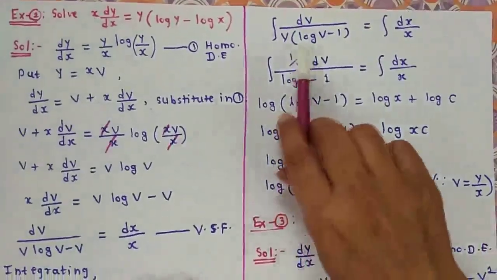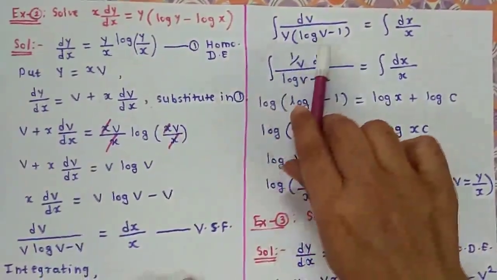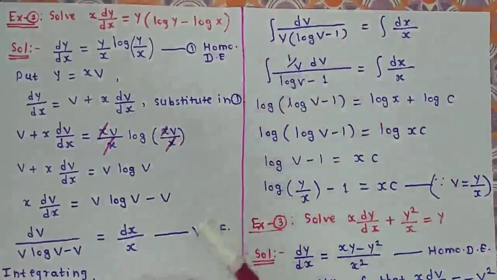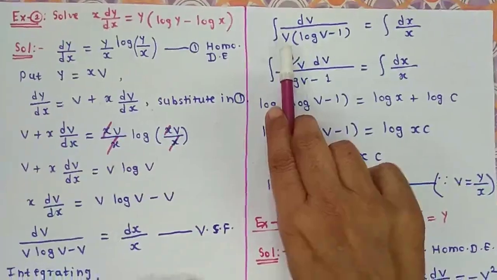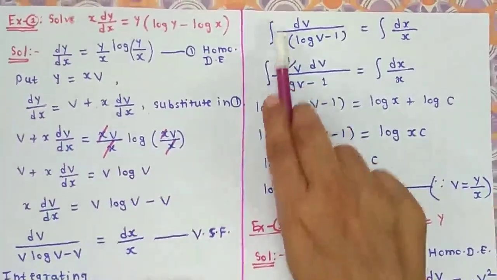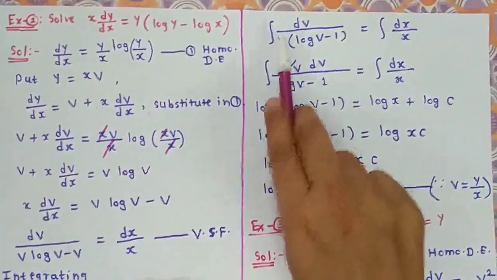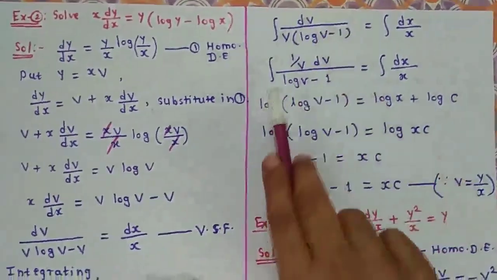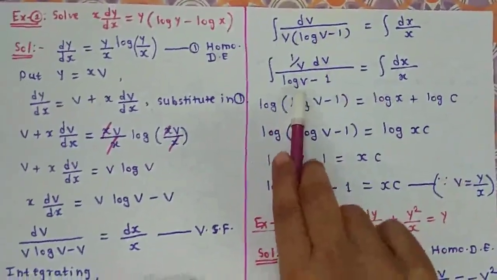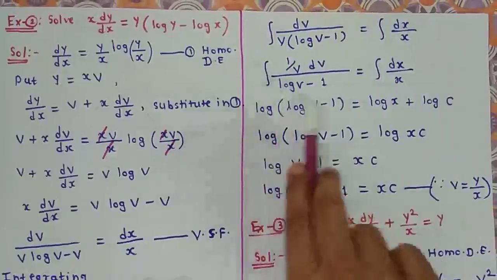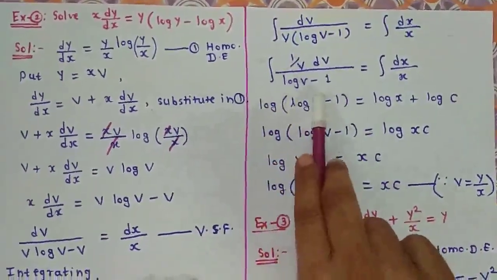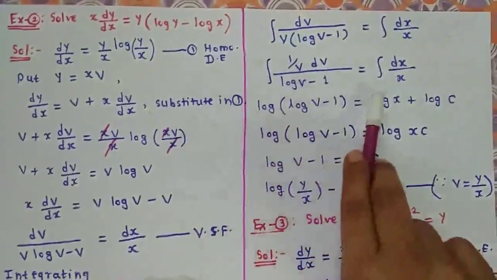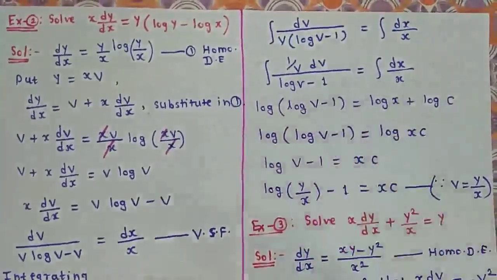For integration we take v common from the denominator. Here we make only one adjustment, we just adjust this v. Now this 1 upon v, we take in the numerator. So the same equation can be written as 1 by v dv upon log v minus 1 equals integration dx upon x.